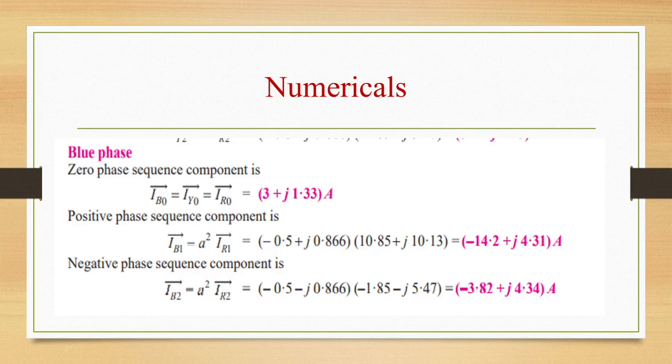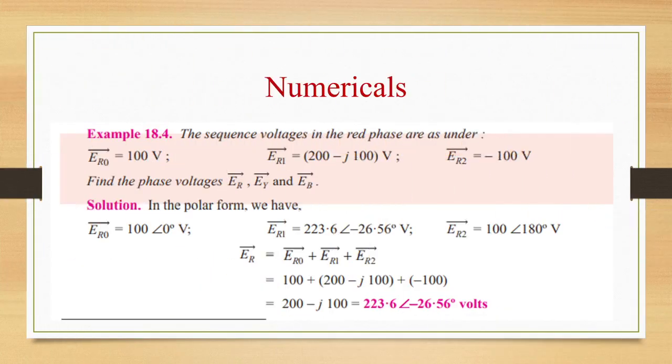And negative phase sequence component is IB2 is A square IR2, that is minus 3.82 plus J 4.34 amps. So the sequence voltage, next numerical.